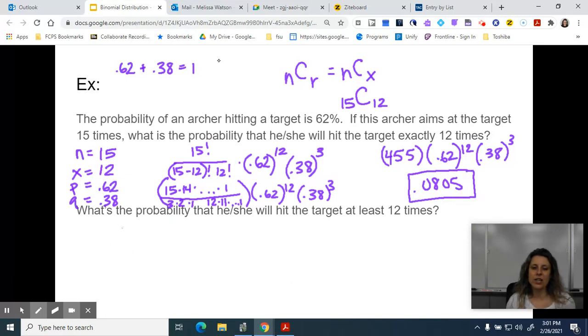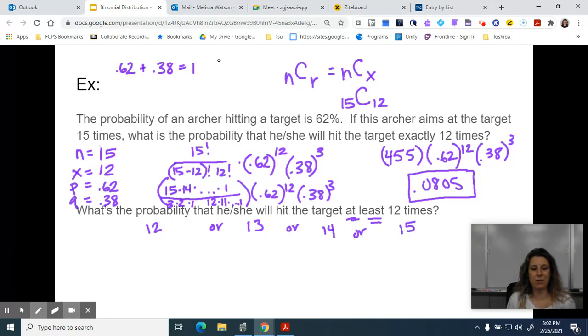Okay, this next question: what is the probability that he or she will hit the target at least 12 times? If we want at least 12, that means 12, which we already found, or 13, or 14, or all 15, right?